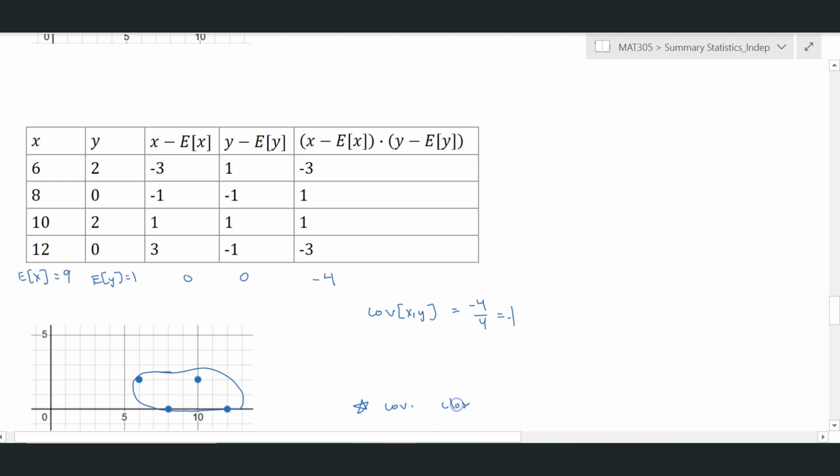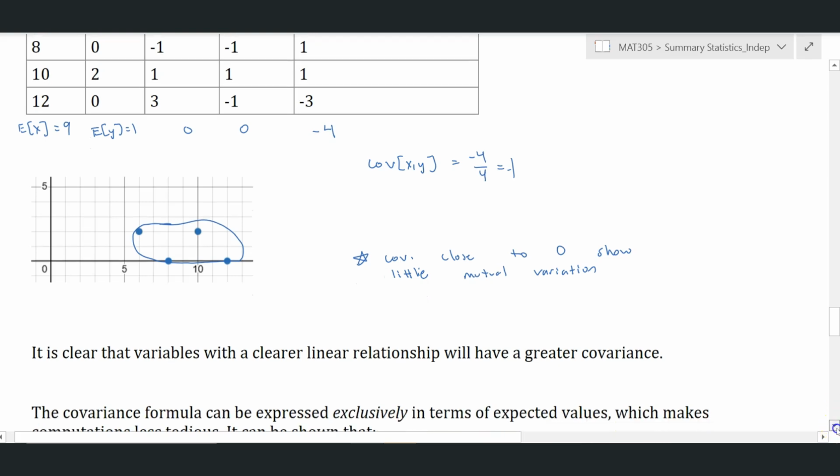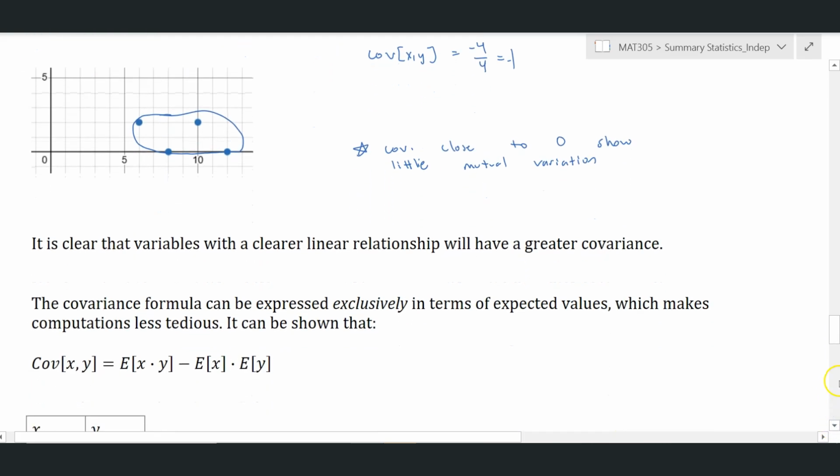Covariances close to 0 show little mutual variation. Okay, so it is clear that variables with a clearer linear relationship will have a greater covariance. We'll just say by greater we mean absolute value, right? Because it could be positive or negative.